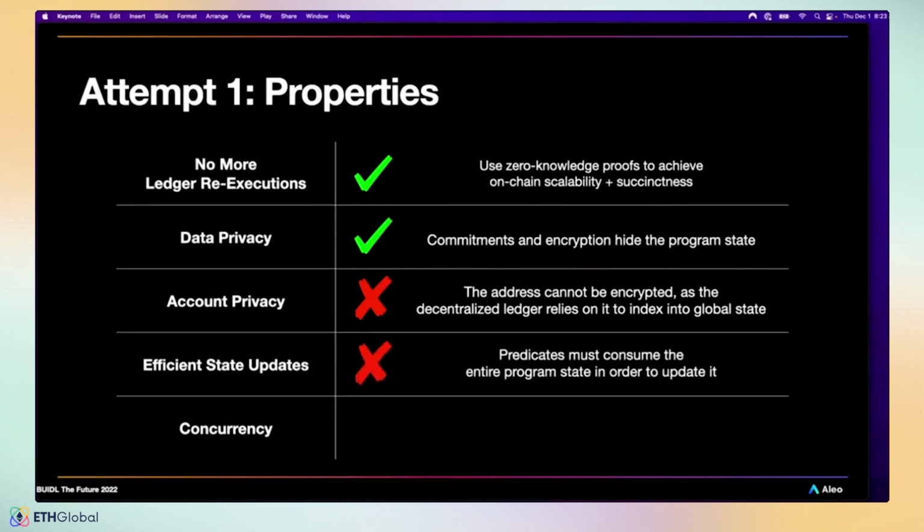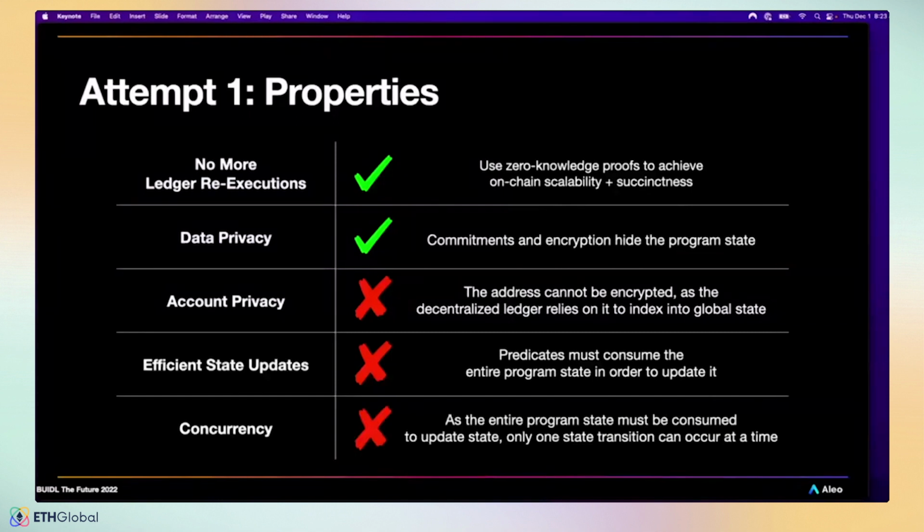And like we discussed earlier, we don't have efficient state updates because you need to take the entire account state, reason about it, and produce a proof. And you don't have concurrency because, like we discussed before, users would be reading old, stale data, effectively.